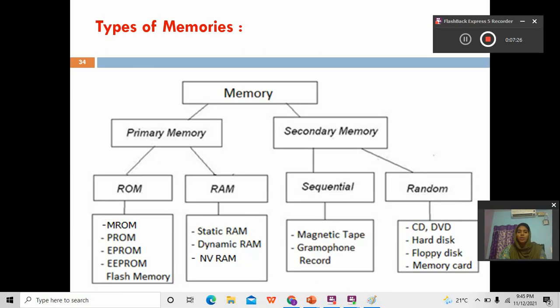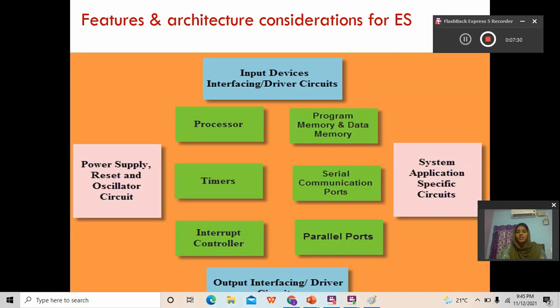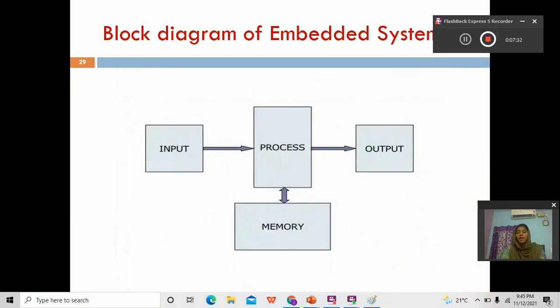We also have to write about types of memories. These are the different blocks in the architecture of an embedded system: input devices are sensors, output devices are actuators, processors, different types of cores like microprocessor, microcontroller, DSPs, FPGAs, CPLDs, and memories, random access memory and read-only memory.